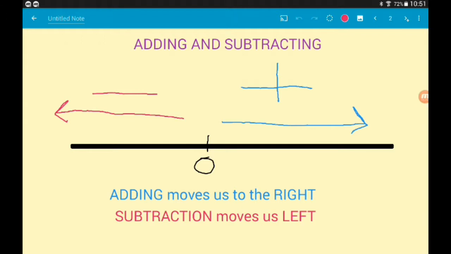So, when we add numbers, that moves us to the right on our number line, and when we subtract numbers, that moves us to the left on our number line. So this is really useful. It's a nice visual aid when we are playing around with negative numbers. So let's do some examples using this guy.